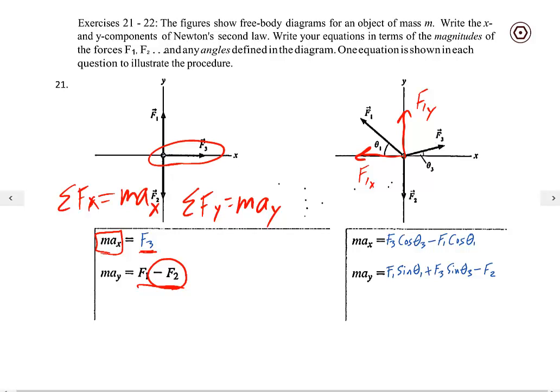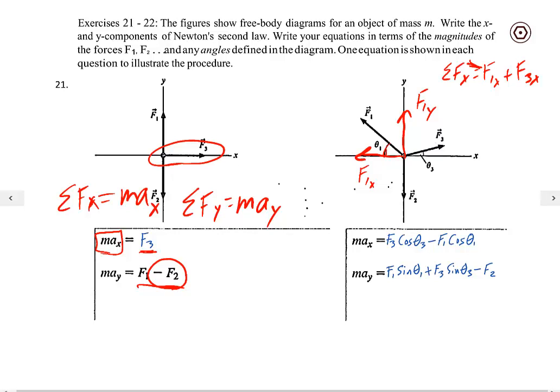So in the x direction, the sum of forces in the x direction is going to be F1x plus F3x. F1x is negative because it's to the left, and F3x is positive. Well, we can't say F1x and F3x. We have to put it in terms of F1 and F3 and leave those angles in there.